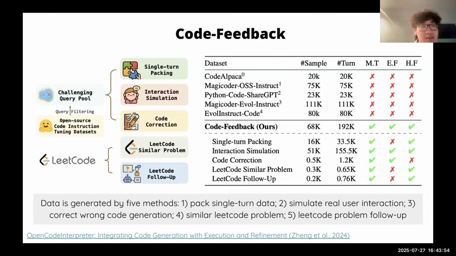Thirdly, we can collect some wrong code generations and then prompt the language model to correct the previous wrong solutions. And then we can also collect some LeetCode problems, where we already have similar problems and also the follow-up questions. In that fashion, we can create synthetic data so that we can teach the model to understand the code feedback data.